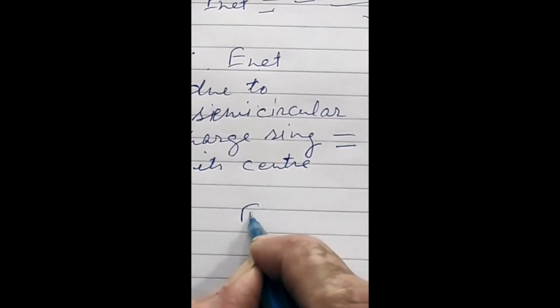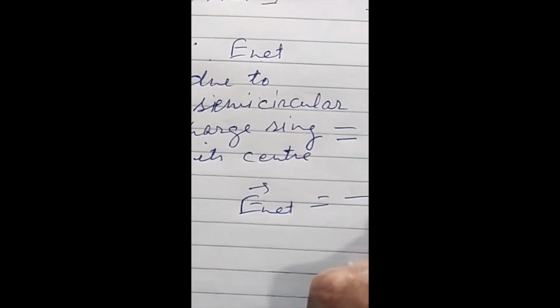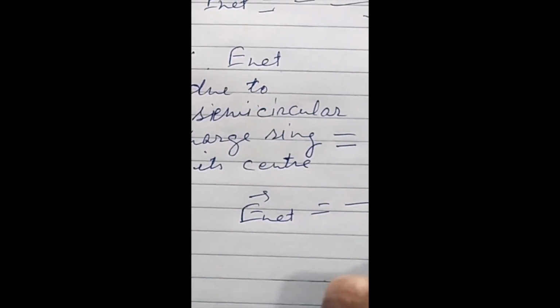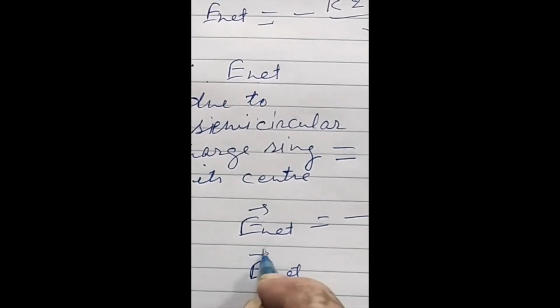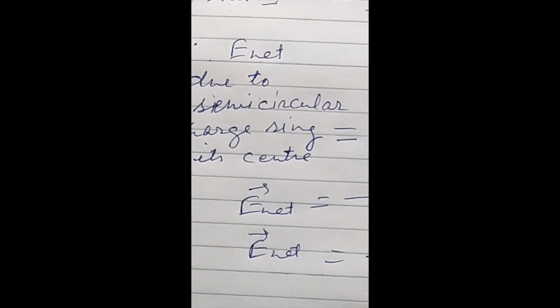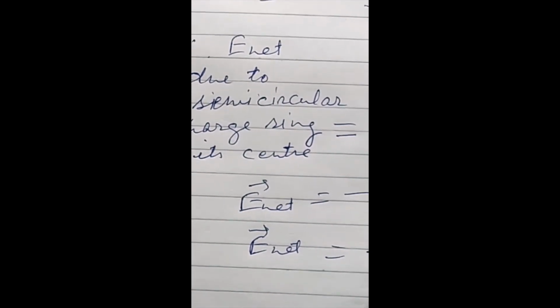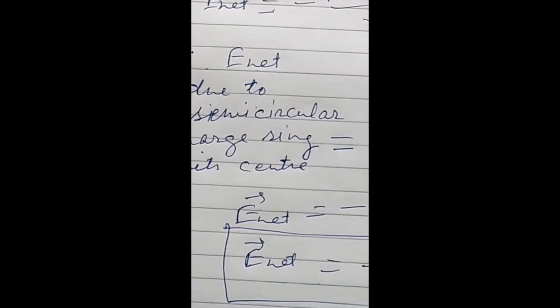So E net comes equal to minus, for k you can write 1 by 4 pi epsilon naught, 2 lambda by r. So 2 and 2 are cancelled. So the electric field net is equal to minus lambda upon 2 pi epsilon naught r, j cap. Here I conclude.